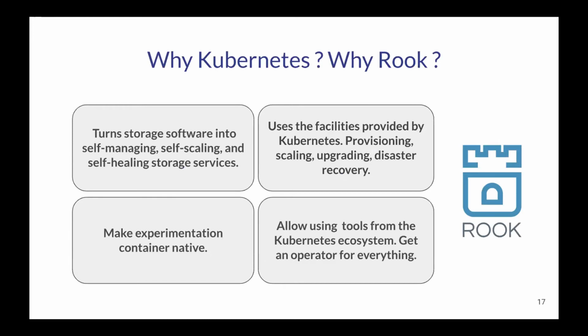The de facto way currently for deploying Ceph on Kubernetes is using the storage orchestrator Rook, that basically utilizes all the capabilities of Kubernetes, like easy version upgrades, rollbacks, self-scaling, disaster recovery, and applies them on storage systems.